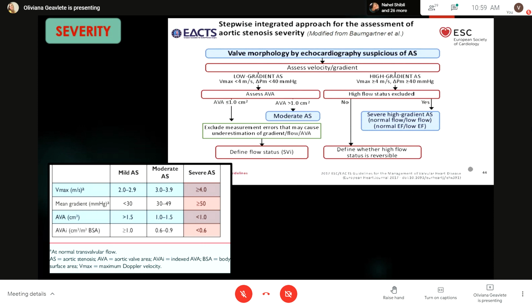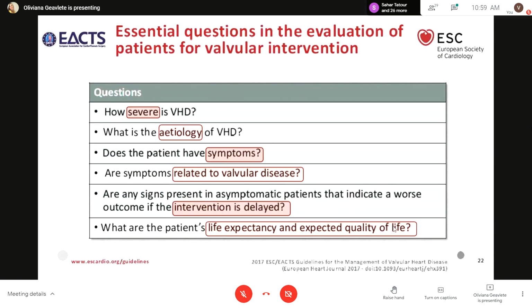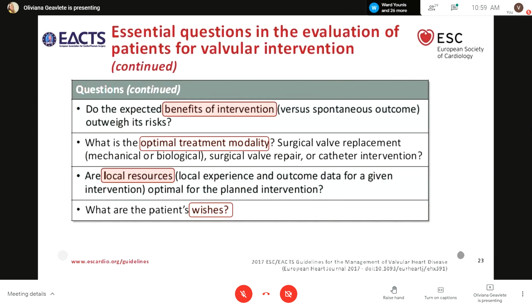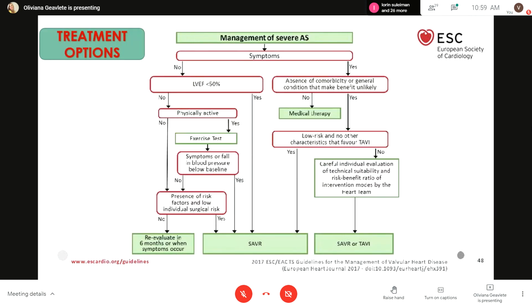The aortic valve area under 1, and if you index this value it should be under 0.6 centimeters per meter square. And this establishes the diagnosis of severe aortic stenosis, and you should only know this part and not all this here. Okay, second, etiology. Just go through the etiology by yourself, and we will hit this one here.